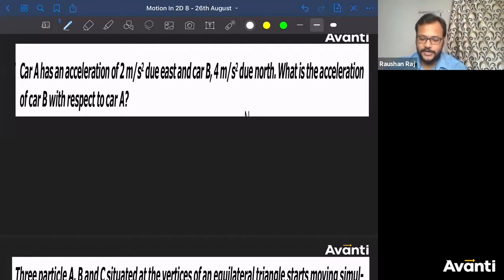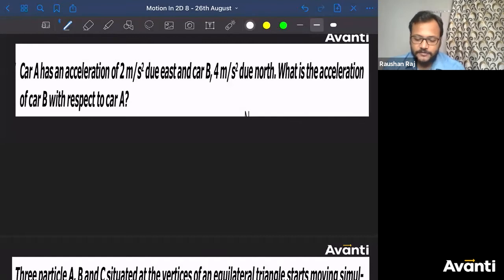Come on guys, give me the correct answer for this one now. A car A has an acceleration of 2 meter per second square due east. Car B has 4 meter per second square due north.